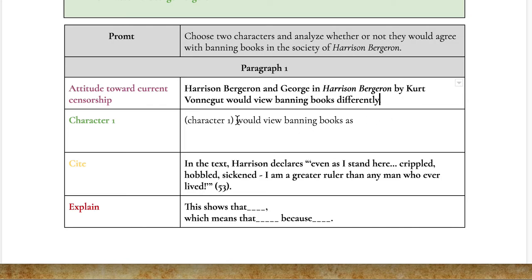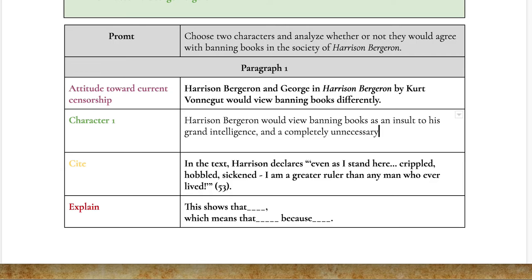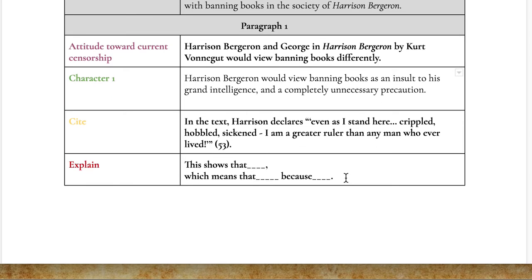So, starting with Harrison Bergeron, we'll say Harrison Bergeron would view banning books as an insult to his grand intelligence and a completely unnecessary precaution. And then I have evidence, and I already pulled in the evidence just to make this process faster, that says, in the text, Harrison declares, "Even as I stand here, crippled, hobbled, sickened, I am a greater ruler than any man who ever lived."